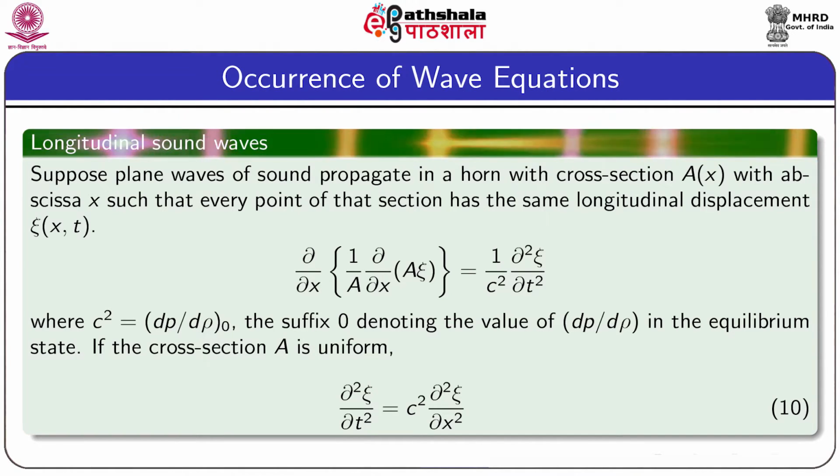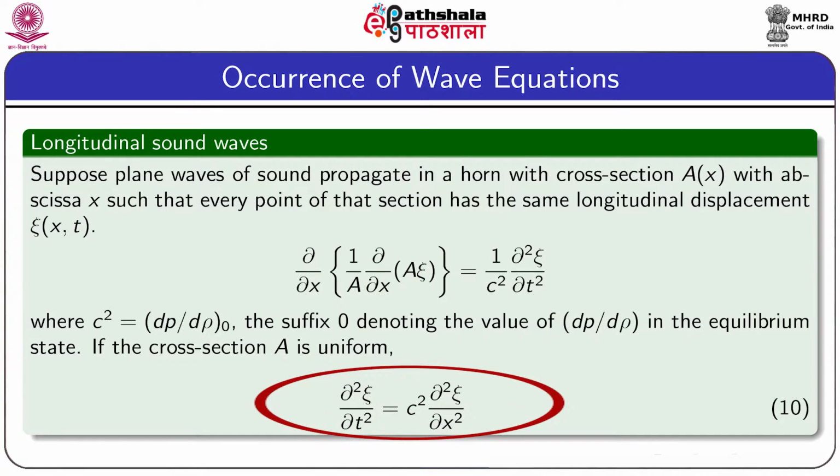Now, if you assume that the cross section A is uniform, then A can be taken as a constant. Therefore, the above equation reduces to the form del 2 xi del t square equals c square del 2 xi del x square. This is again a wave equation in one dimension.